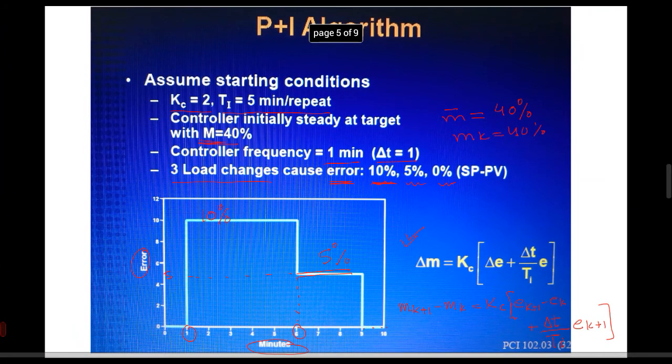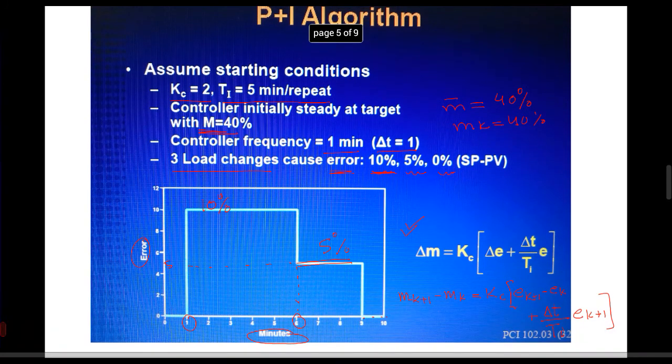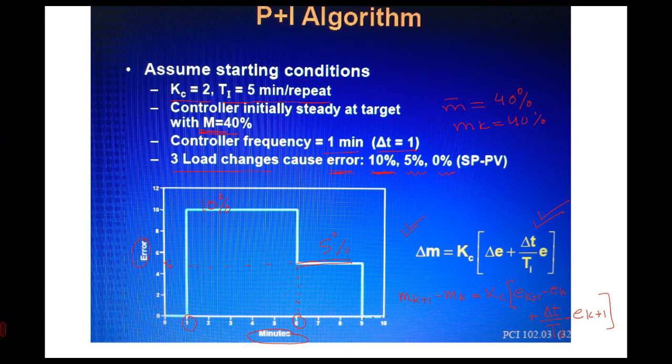Next, we move to how the digital implementation of PID, especially the PI algorithm, is going to work. In the current scenario, this equation will be used. This is the digital implementation of the PI algorithm, starting with the condition that Kc is 2, Ti is 5 minutes per repeat.